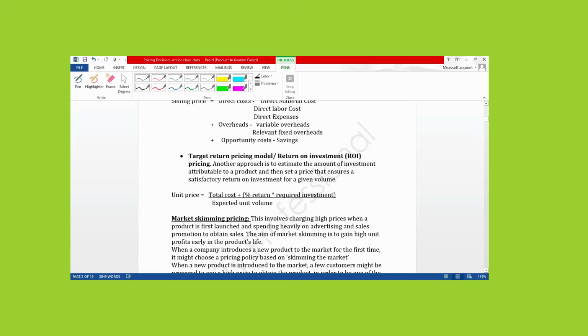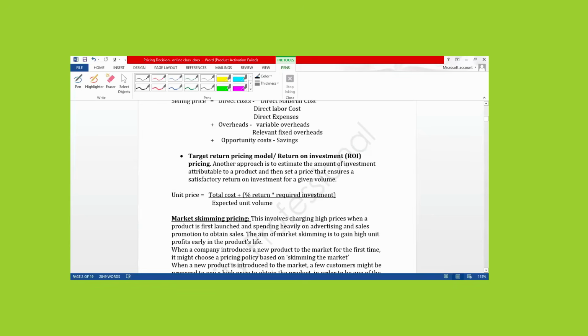We explained that there are two major pricing strategies that companies normally use.